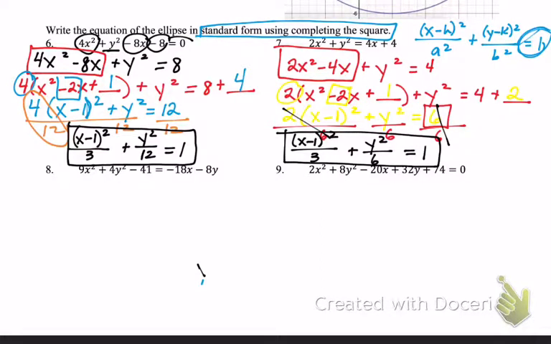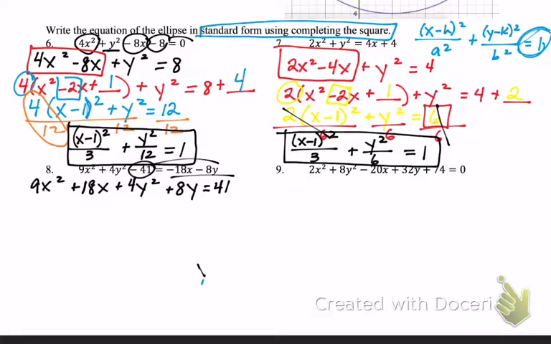Try number 8. I'm going to separate, so 9x squared plus 18x plus 4y squared plus 8y equals negative 41. So I moved that over and I moved the x's and the y's to the left because I want to group them together.